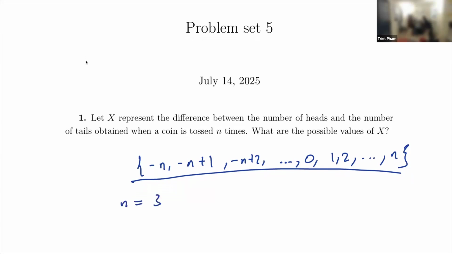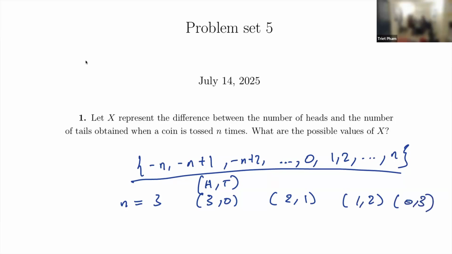Let's say n equals 3. Let's say a coin is tossed 3 times. What possibilities do we have? We could have 3 heads and 0 tails, correct? And then if we have 2, then we would have 1, and then we have 1 and then 2, and then 0 and 3.